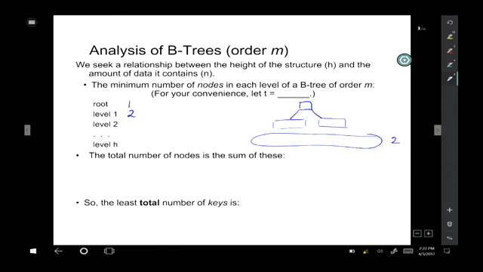And I forgot to give you a definition. So that you don't have to flip back, it will be convenient for you to let t represent this ceiling of m over 2, or about half. So how many nodes are there on this second level, on level 2?